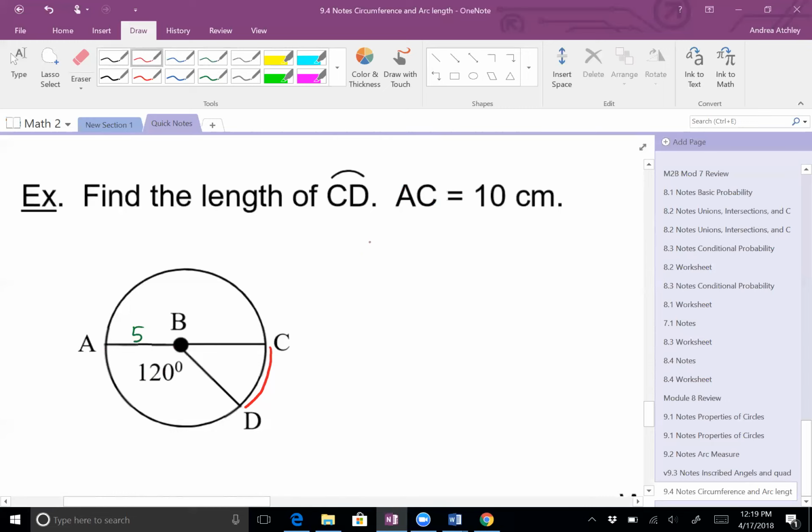So if you just take 180, subtract the 120, you'll get this to be 60 degrees. AC, the whole thing is 10. So the radius is 5. Okay, so everyone find the length of arc CD.